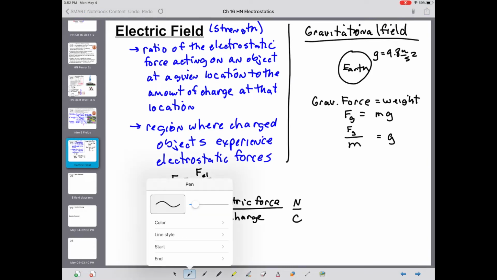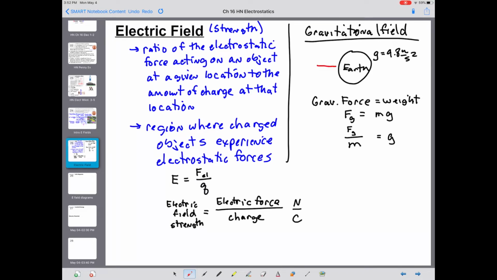If we consider what Earth's gravitational field would look like, well, everything near the surface of the Earth is attracted to the Earth. So if we wanted to draw a visual diagram, we would draw a bunch of arrows all around Earth pointing directly towards the Earth, and that would show us what that field looks like.